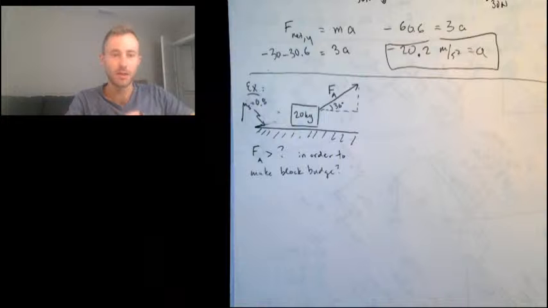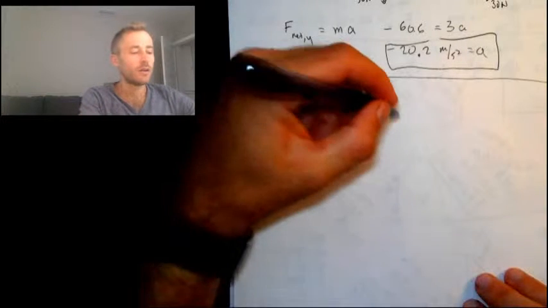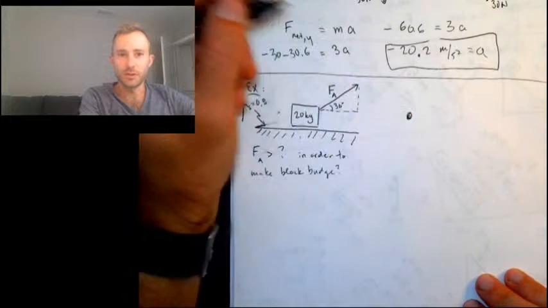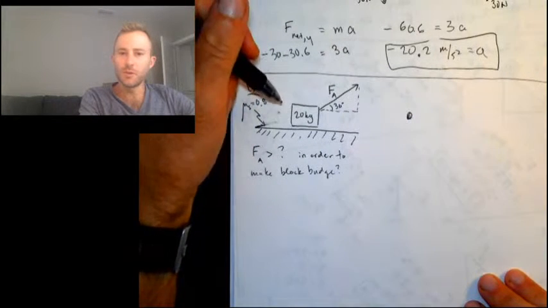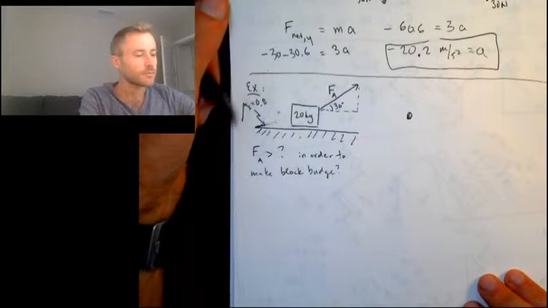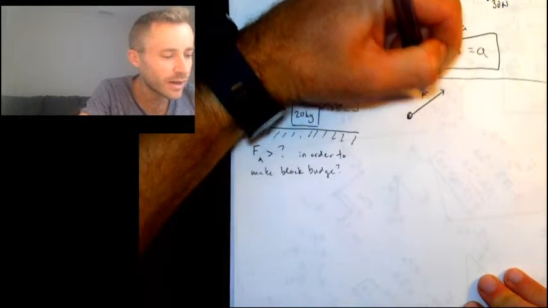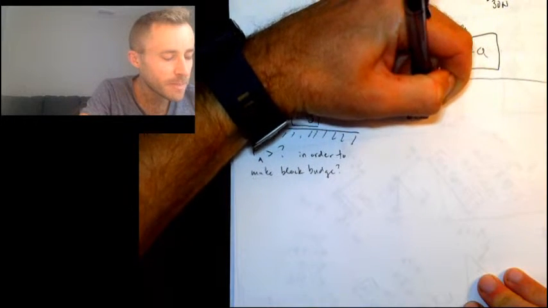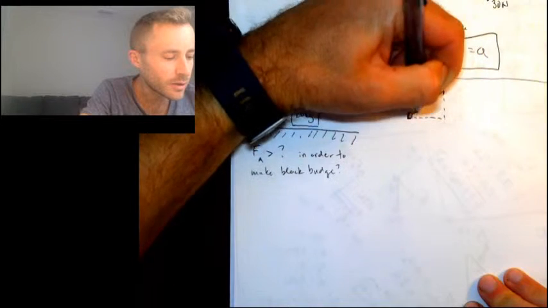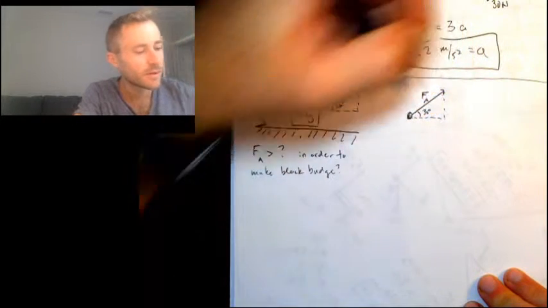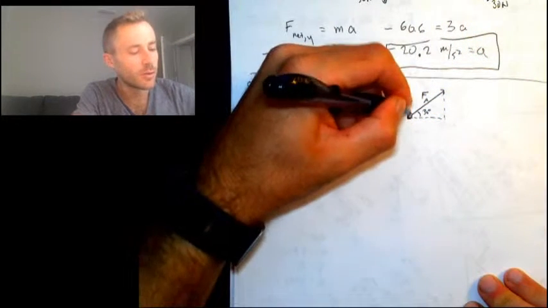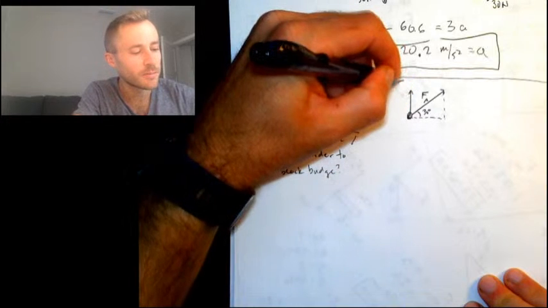Okay? So we're going to do this exactly like we did before, but the variables are different here. So doing a free body diagram, we have this applied force at an angle of 30 degrees. We have the normal force going upward.